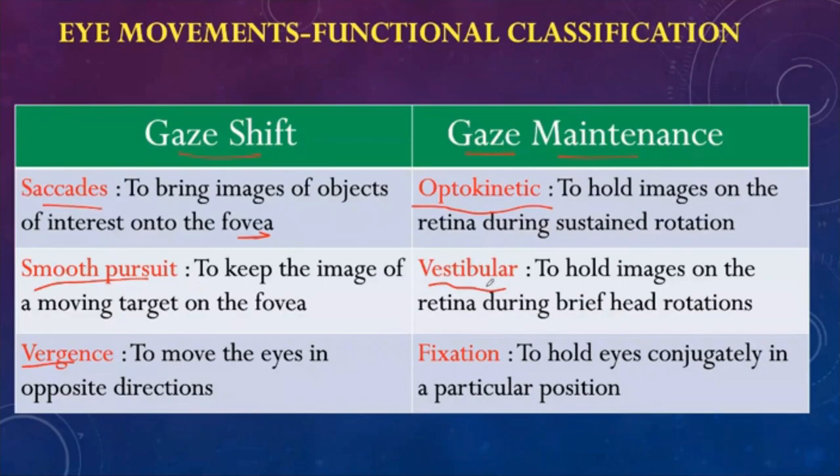Also, the vestibular movement is supposed to maintain the gaze during brief head rotation. And finally, fixation can be considered one of the gaze maintenance movements, as we hold both eyes conjugately on a particular position. So let's now discuss these movements in more detail.